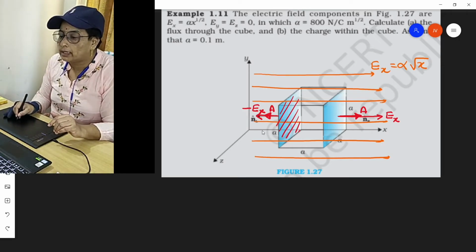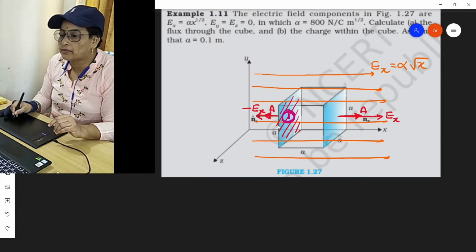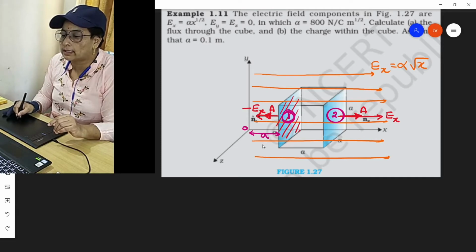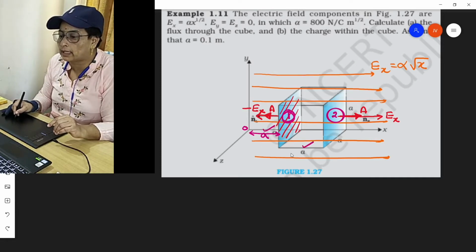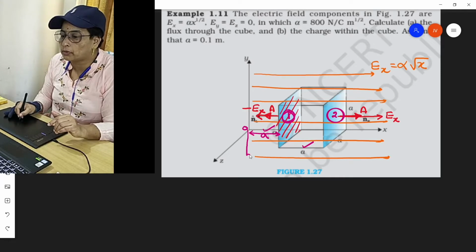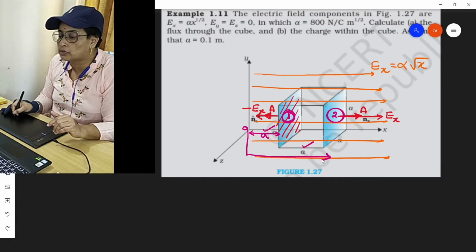The reason behind the magnitude variation is this. You see, the first face, I'm just writing 1, is at a distance a from the origin. And the second face is at plus a, that means from the origin it is at 2a distance.